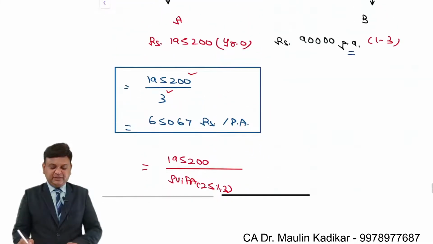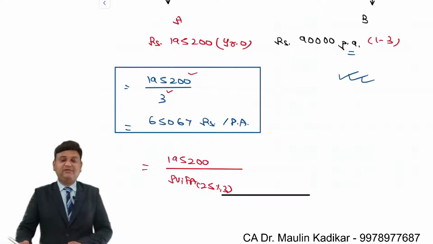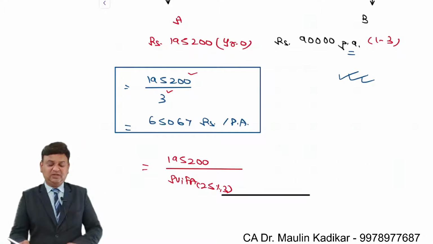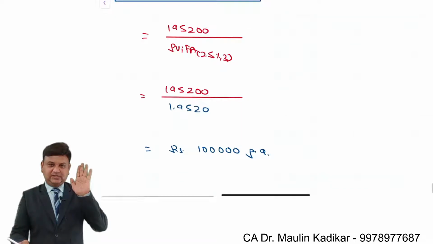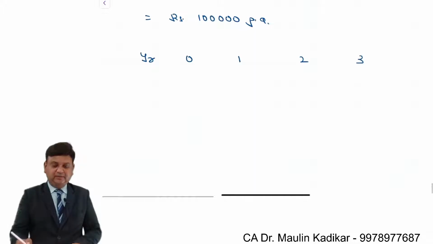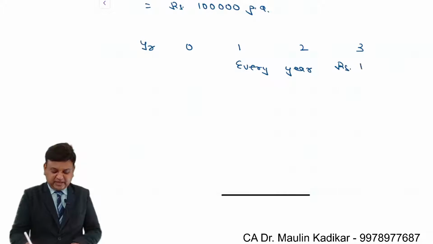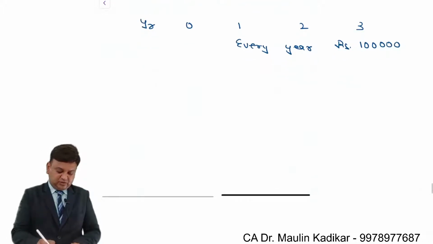We have to make a comparison of both of them, and again we will select the option which is having the lower cost. We understand logically like this: year 0, year 1, year 2, year 3. If every year I am spending an amount of rupees 1 lakh, it means that in the year 0 we are spending 1,95,200.